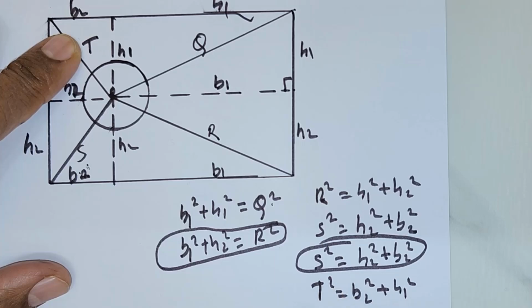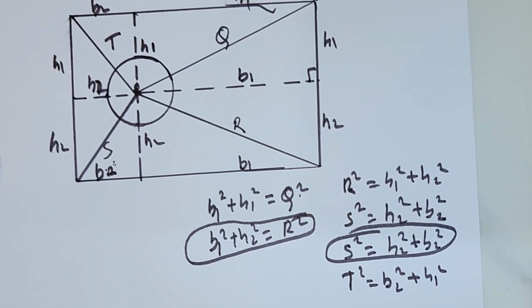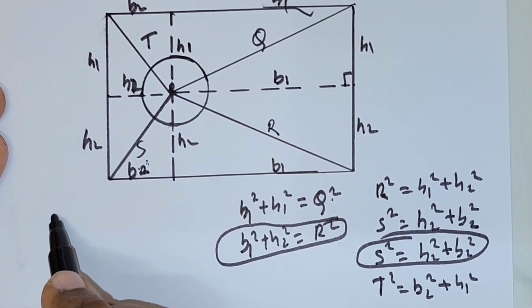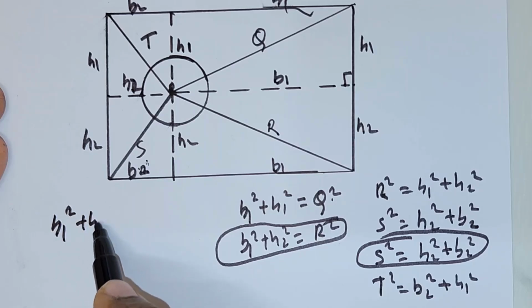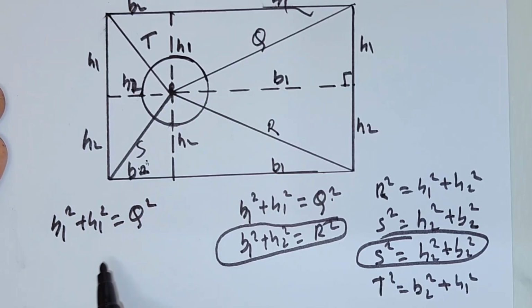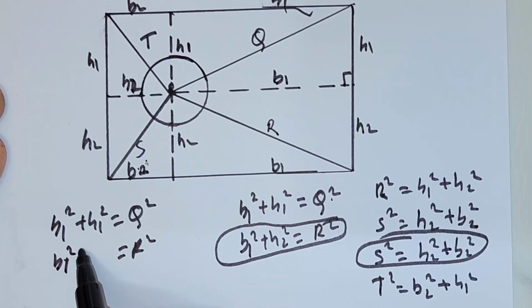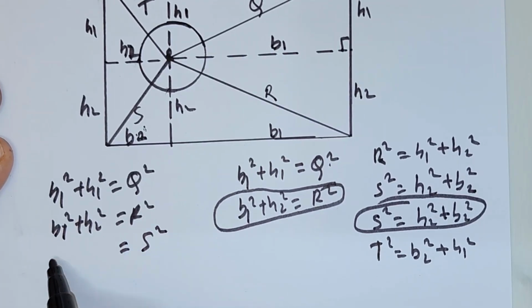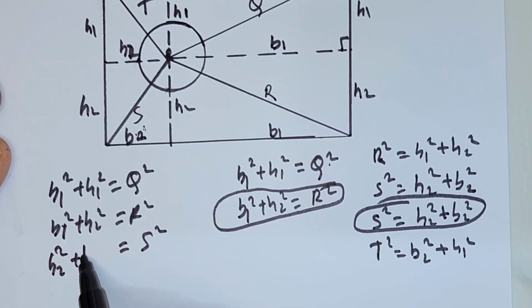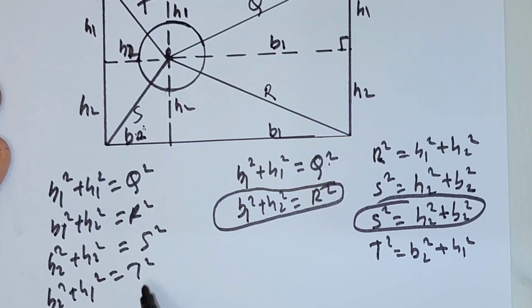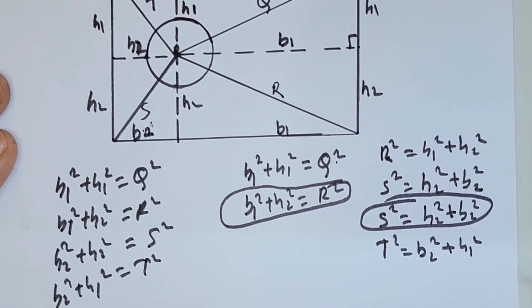So it is sufficient that we retain only one component. I'm going to rewrite it all. b1 squared plus h1 squared is equal to q squared. For r squared it is b1 squared plus h2 squared. For s squared it is b2 squared plus h2 squared. For t squared it is b2 squared plus h1 squared. So this is what we have got.